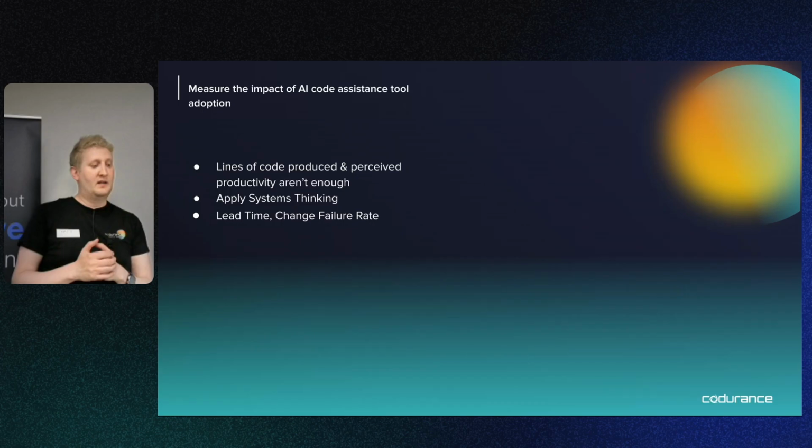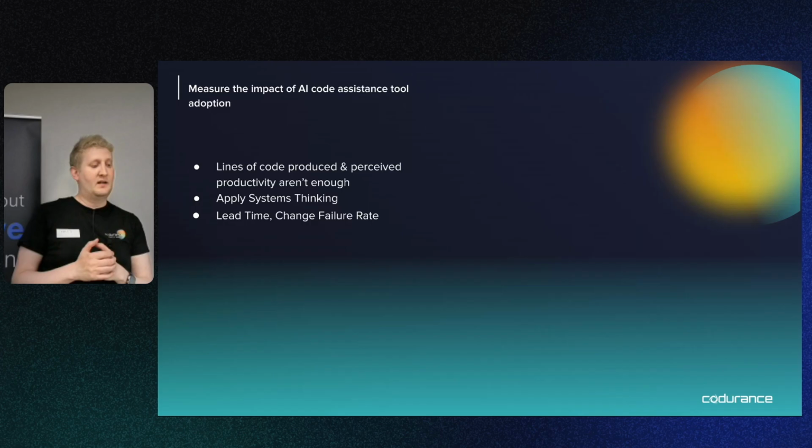I think you want to apply an approach around systems thinking, about the whole SDLC. Are these tools actually giving you the benefit and value you need? Are you able to ship changes quicker to your customers? Are you seeing a decrease in lead time? Are you seeing a decrease in change failure rate because code quality has improved, for example?